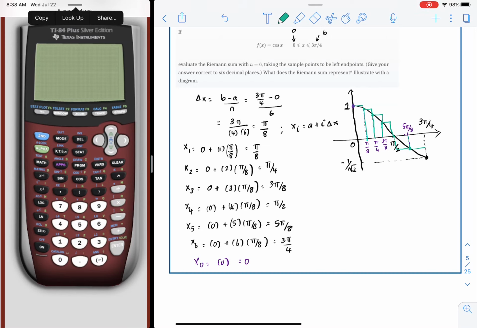If I did the right values, then I will get a different answer. There are multiple ways to approximate this.